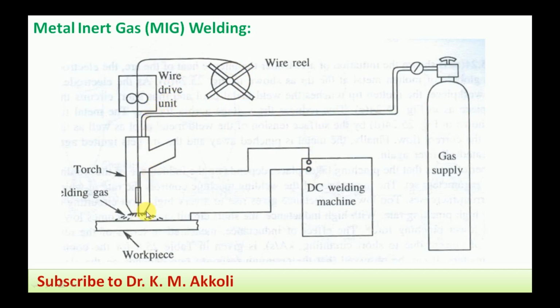The electrode is instantaneously touched to the workpiece, then separated by a distance of 1.5 to 3 mm. The arc still remains between the electrode and the metal workpiece, and this arc is sufficient for melting the base metal as well as the filler rod that we are going to supply.